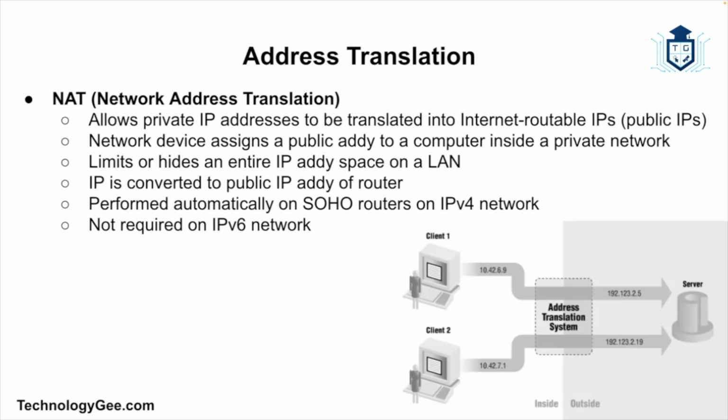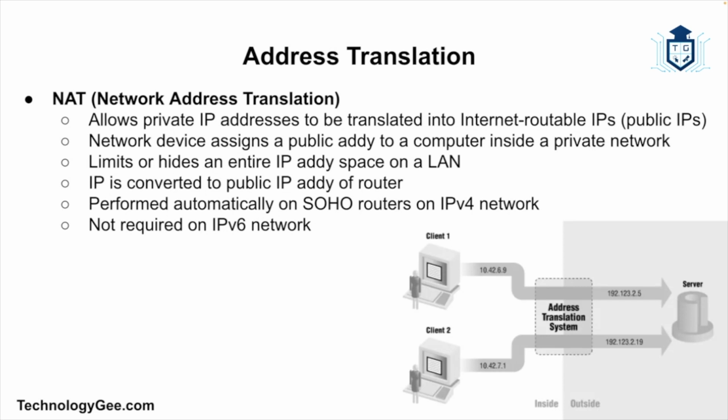This functionality is typically built into a router, and when network address translation is implemented, before an IP address on a LAN can communicate with the internet, the IP address has to be converted to the public IP address of the router. This allows the router to appear as if it is the only device making a connection to remote computers on the internet, which provides safety for the computers on the local area network.